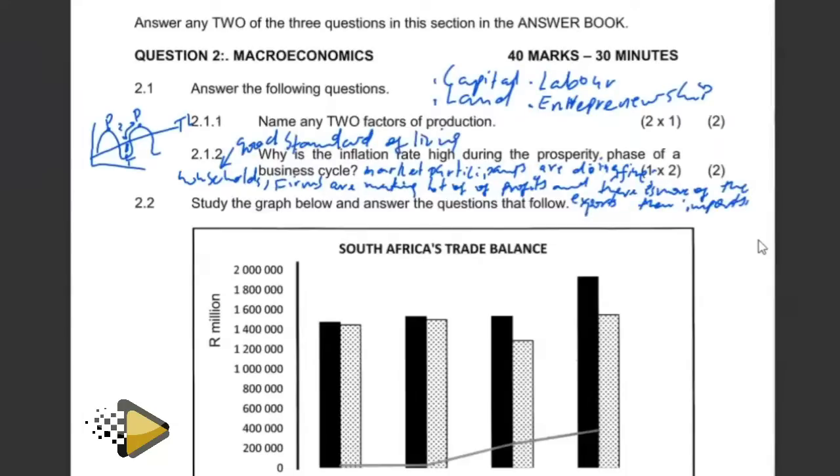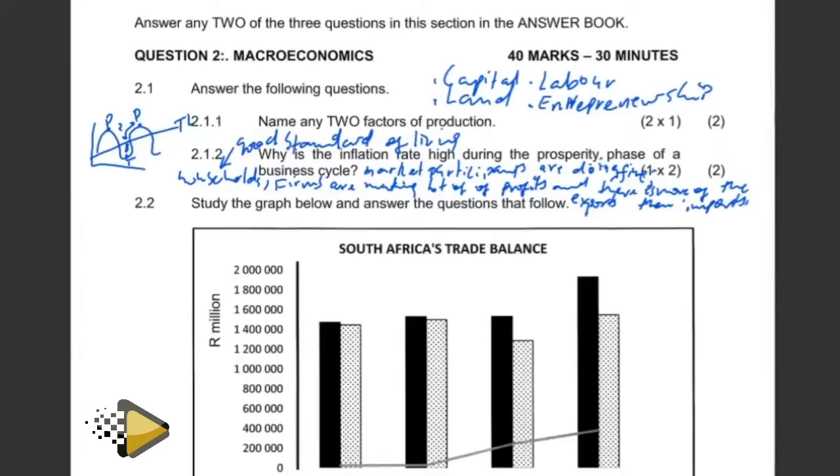Okay, right. So now, in that regard, it means that the economic activities are doing extremely well, and there's going to be a lot of money in circulation. And the moment there's a lot of money in circulation, it means that currency is going to lose value.